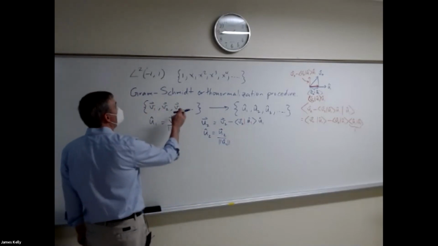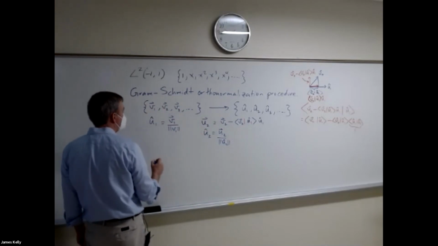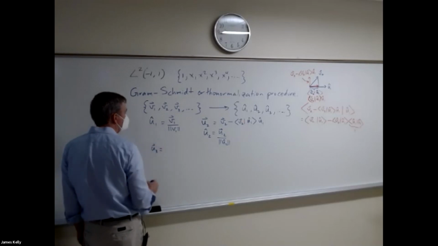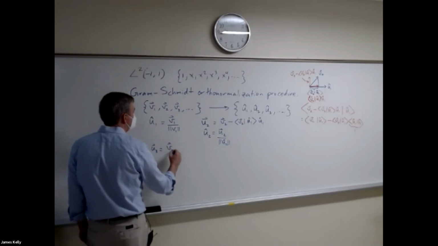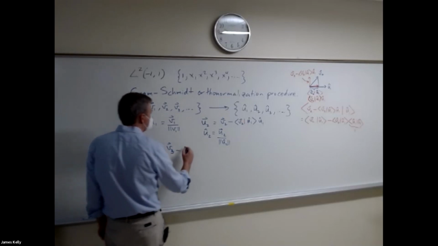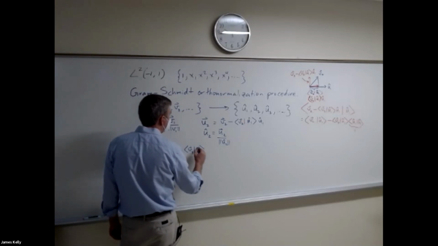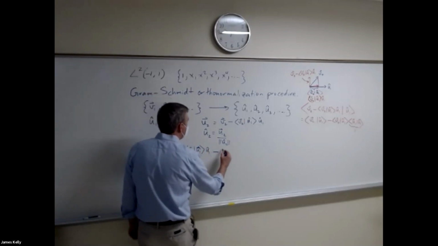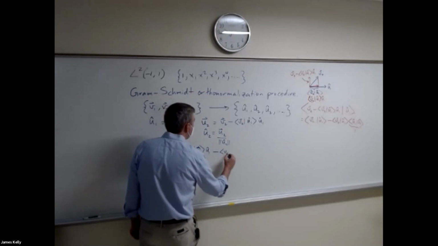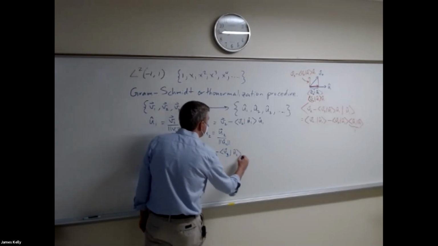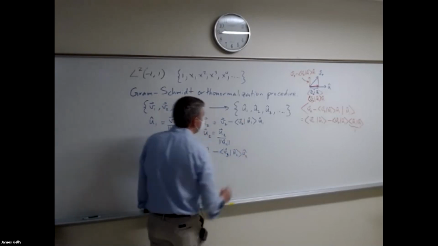To get a third vector in my collection, U3 hat, we're first going to define a U3 vector, which is equal to V3 minus the inner product of V3 with U1 hat, scalar multiplied by U1 hat, also minus the inner product of V3 with U2 hat, scalar multiplying U2 hat.